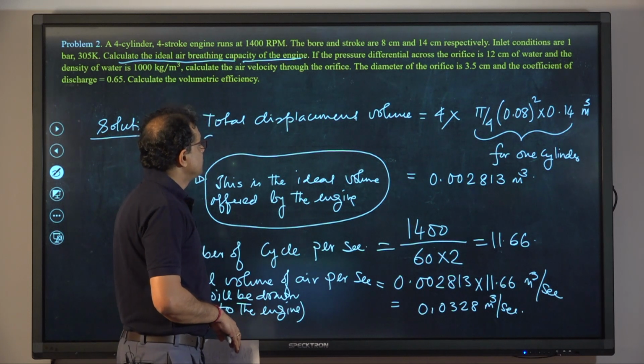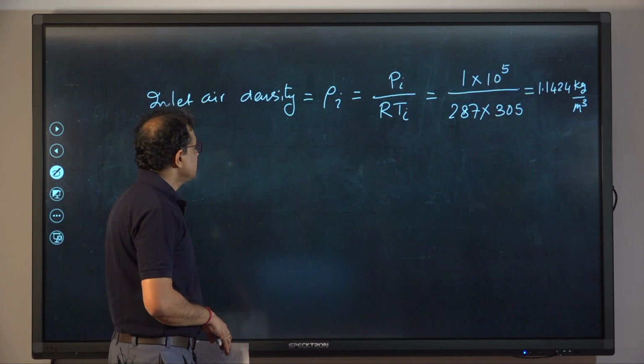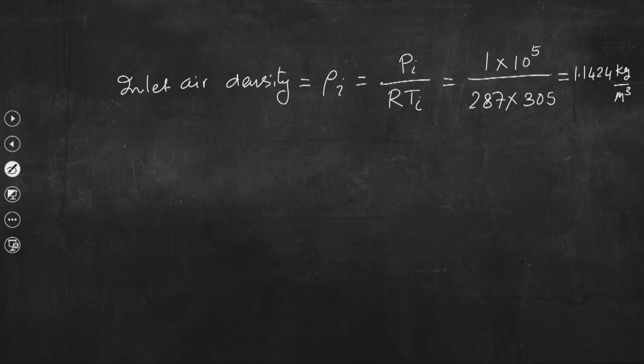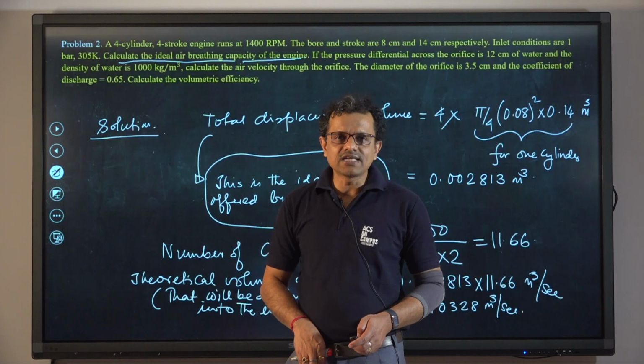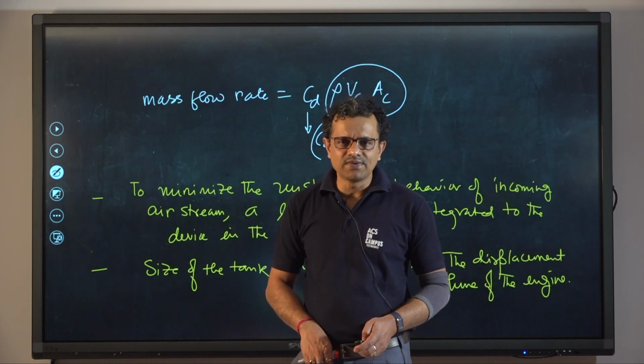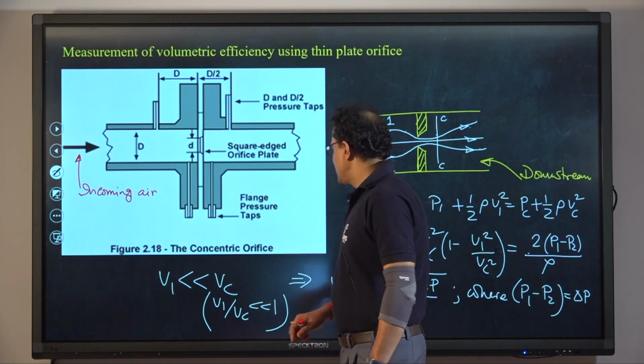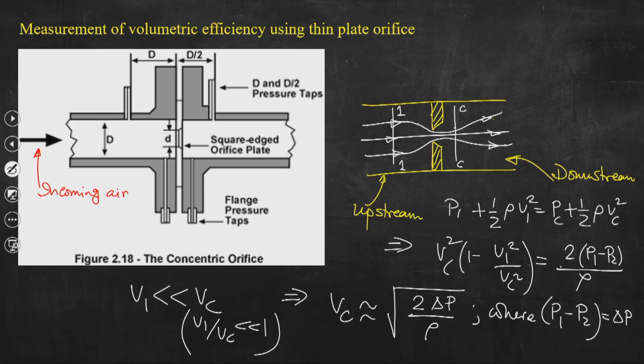Okay. So, if we go to the next slide, what can we do next? As we discussed in today's class, to calculate the actual mass flow rate of air, we need to know delta P, that is the pressure drop across the orifice plate.